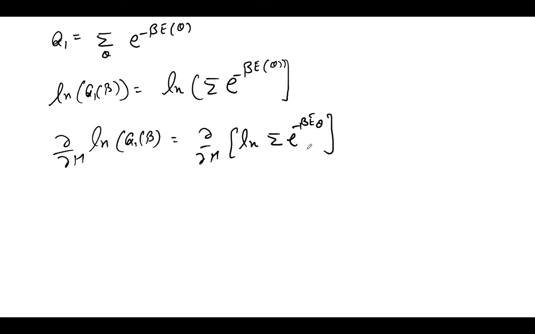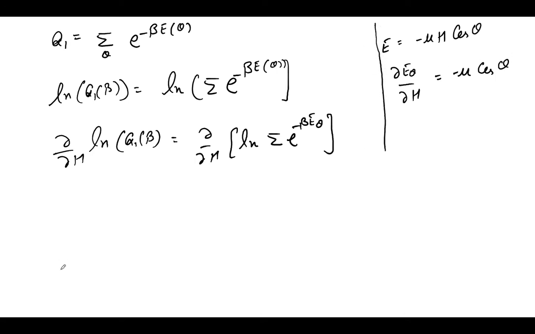Here E we know is equal to minus mu H cos theta, and if I take the derivative of this, dE(theta) by dH will be equal to minus mu into cos theta. So this equation I can rewrite by taking the derivative of the logarithmic value.